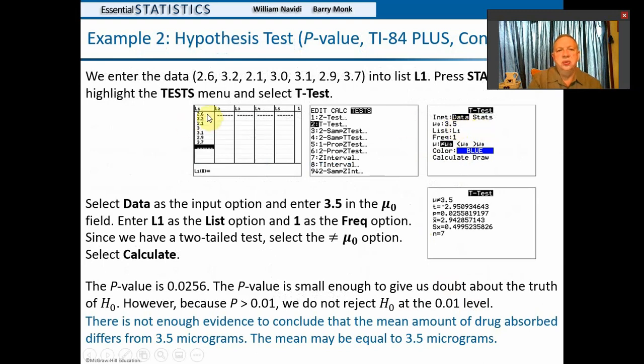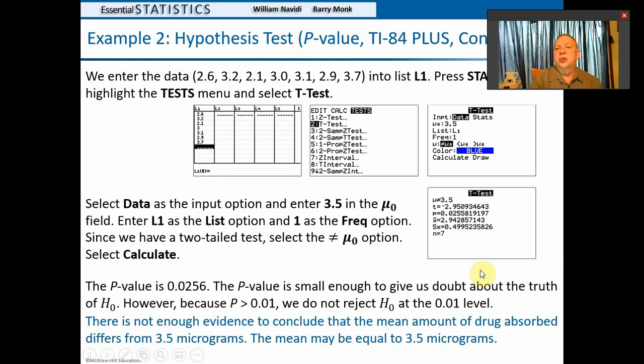If we put it in a list, we can run it through here with our data. We did the statistics, we could just put the values in there, but this did everything for us. Here's the data, here's my 3.5. The list is L1. Frequency is 1 each. We're doing the test, not equal to mu 0, so that's the two-tailed version that we want to do.